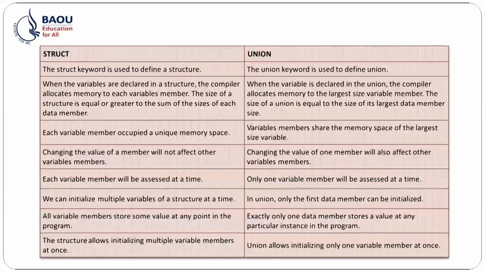As in union, the compiler allocates memory to the largest size variable. Each variable member occupies a unique memory space in structure. In union, variable members share the same memory space of the largest size variable. I hope now you get the idea about structure and union in detail.